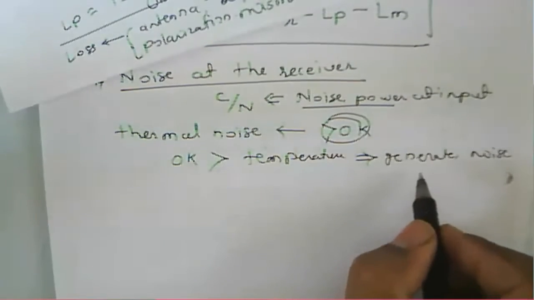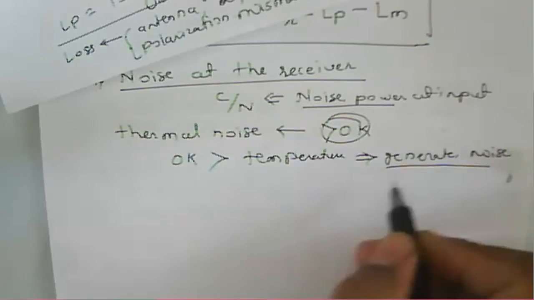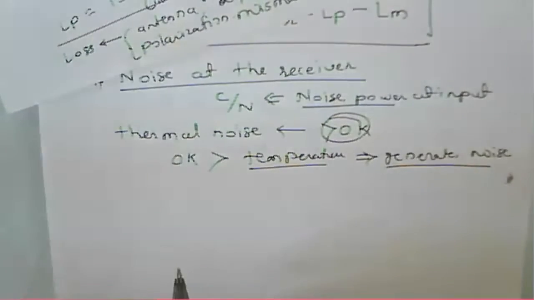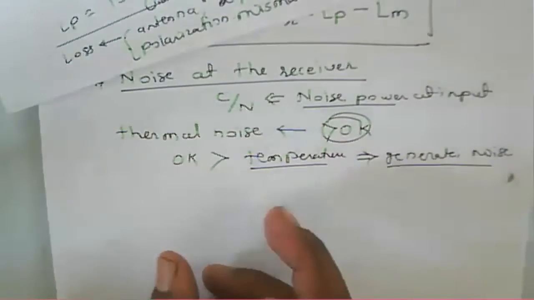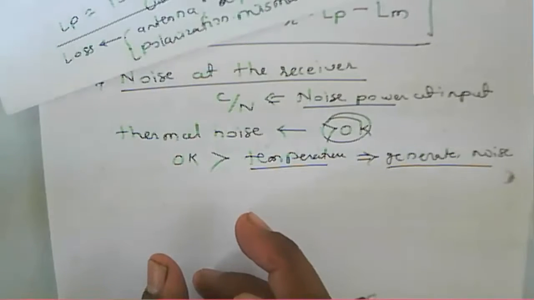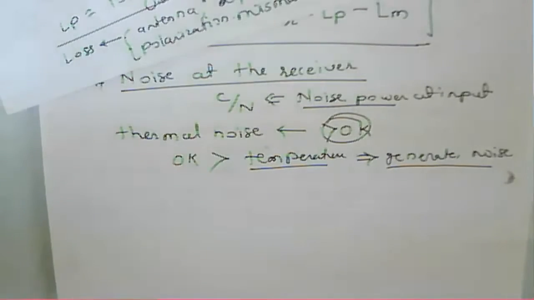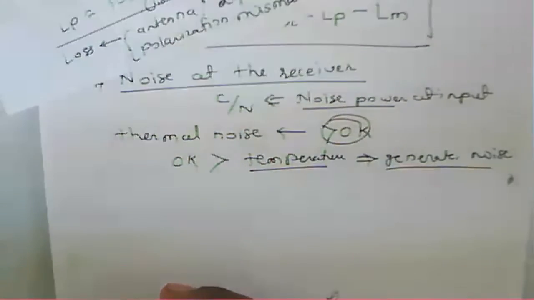This noise occurs because of the increase in temperature, since some objects in a receiver system change according to the variation in the temperature.